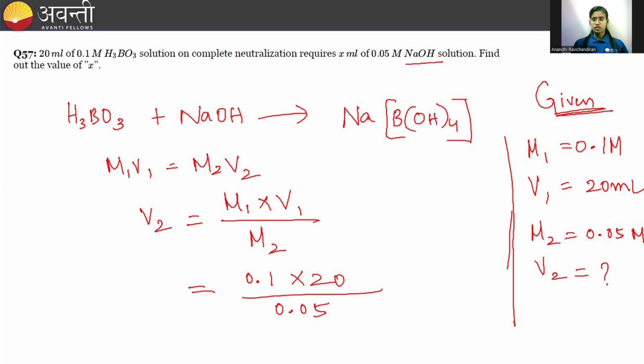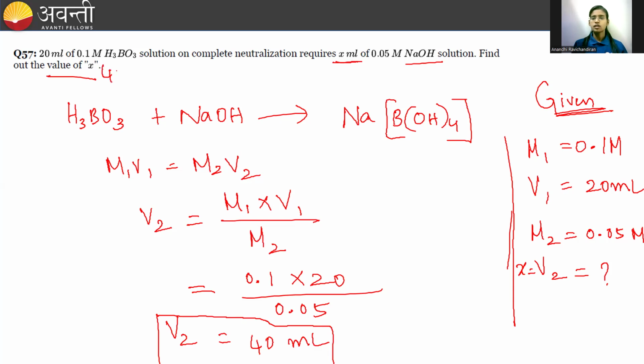If we solve this, we will get V2 value as 40 ml, and that is the value of X. X ml is 40. V2 is the value of X. Clear? So it is coming out to be 40 ml. Clear for all of you? Now moving on to the next question.